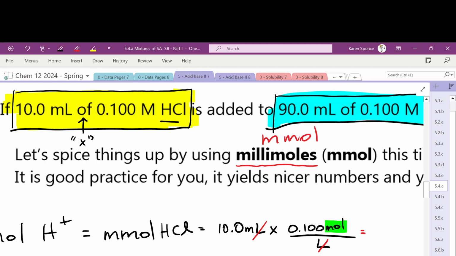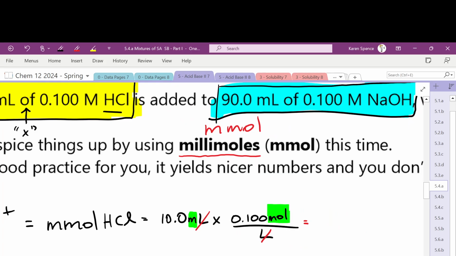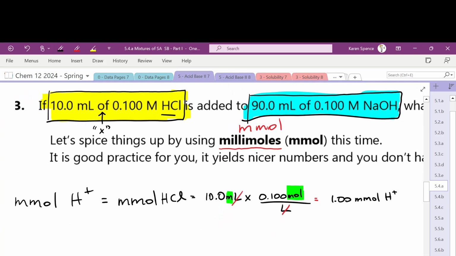I've got mole here, and I have milli here. Is that good? Okay. Now, what's 0.1 times 10? 1. So guess what? I have 1.00 millimoles of H plus. Isn't that a nice number? 1. Isn't that better than 0.001? It's tidy. And if you really hate millimoles, you could do this whole thing just in liters, okay?